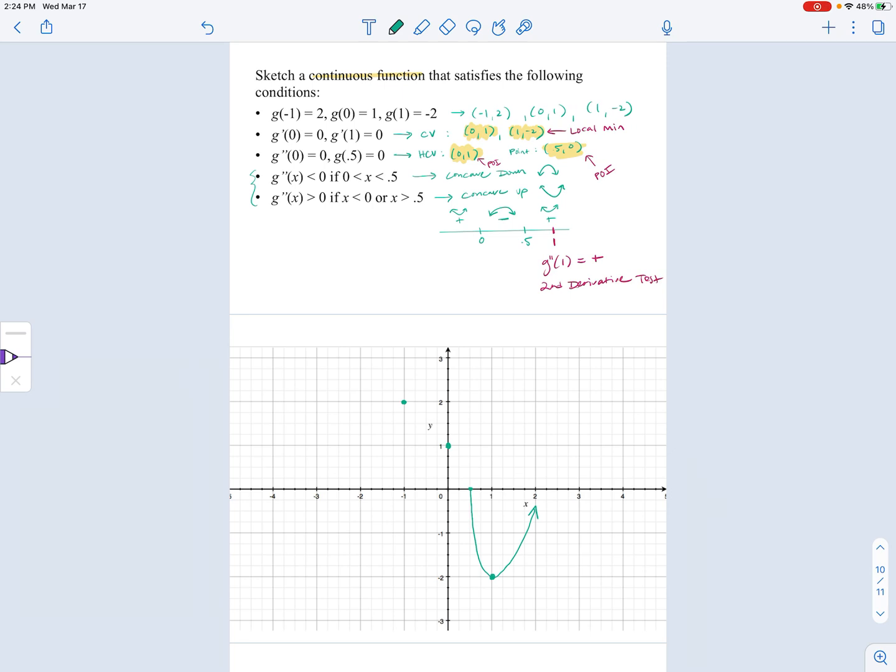So the graph at (1, -2) will have to curve up.